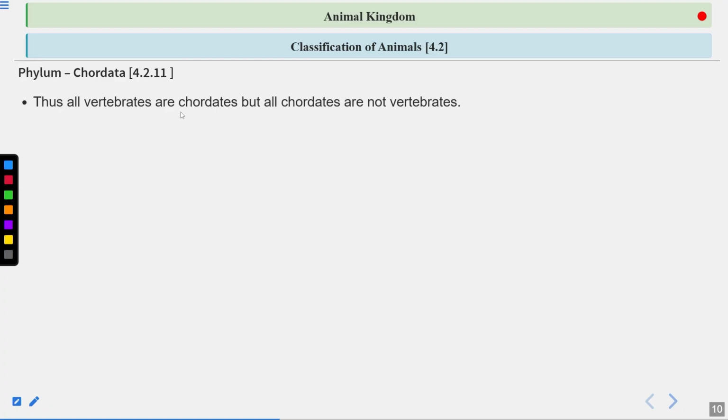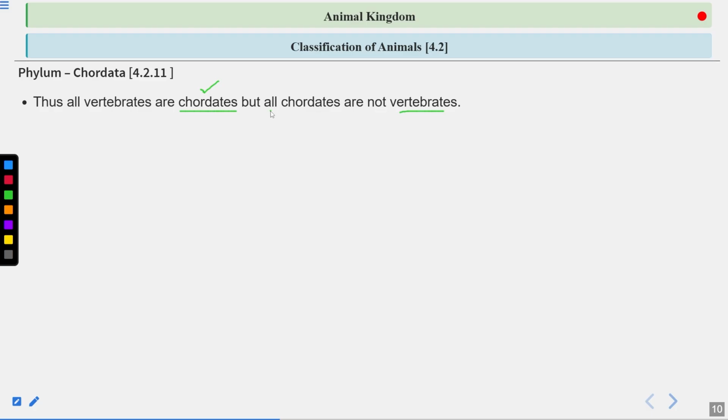Thus all vertebrates are chordates, but all chordates are not vertebrates. Why are all vertebrates chordates? Because one of the features is that they possess notochord, and vertebrates possess notochord in the embryonic stages.